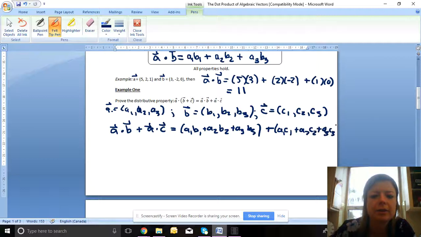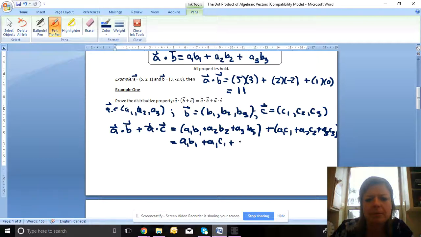Okay, so now we can use the commutative property and move this A1 C1 so it's next to the A1 B1, etc. So we're just using commutative property here. And then A2 B2 plus A2 C2 plus A3 B3 plus A3 C3. Okay, so now notice these two groupings, you can common factor out A1, and then you're left with B1 plus C1.